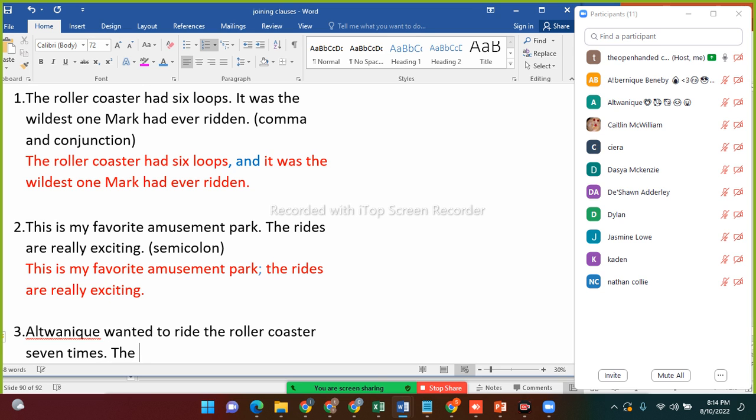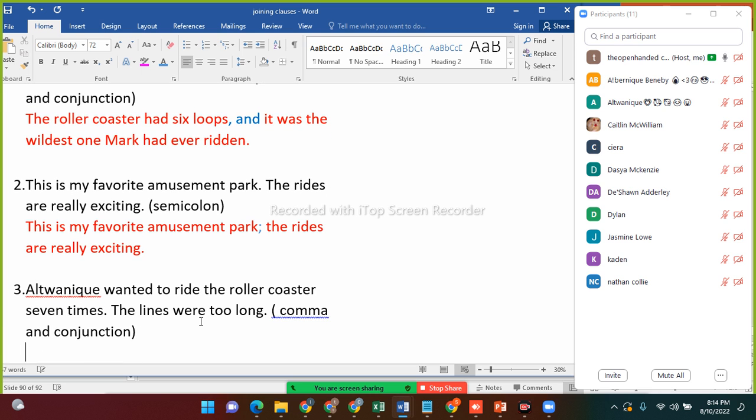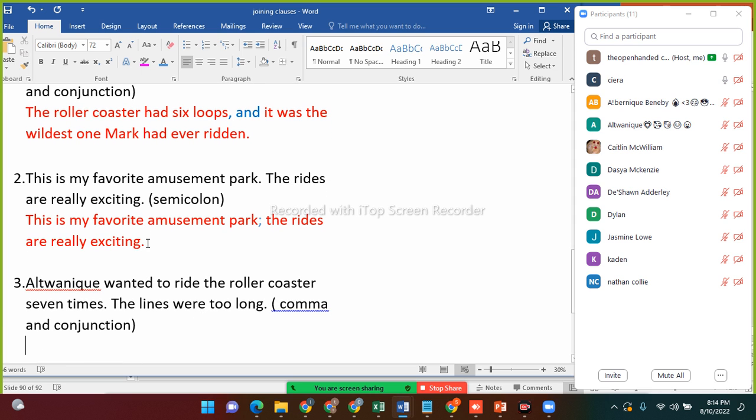The lines were too long. So I could use a comma and conjunction for this one. Which comma and which conjunction should I use, Sierra, for the third one? Okay, but by the lines. Yeah, very good.